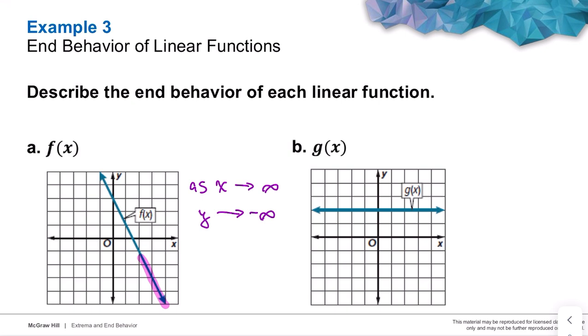Now on the other side of things, as x is going left, meaning negative infinity, y is going up. Okay, so that is positive infinity. So again, right for x is positive, left for x is negative. Y going down means y is negative, y going up is positive.